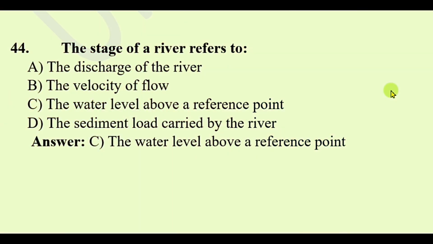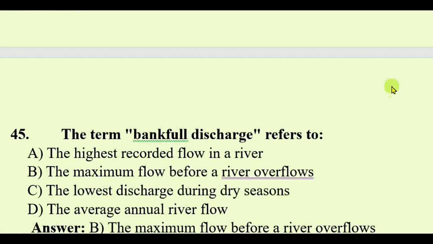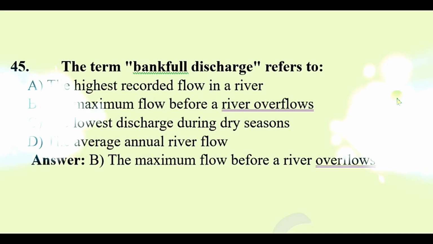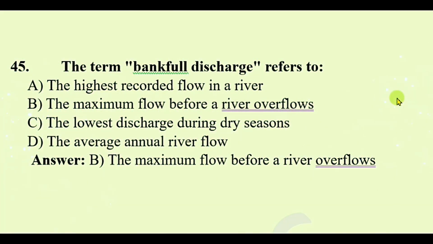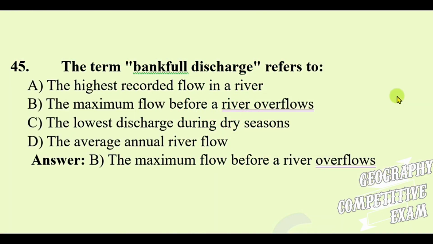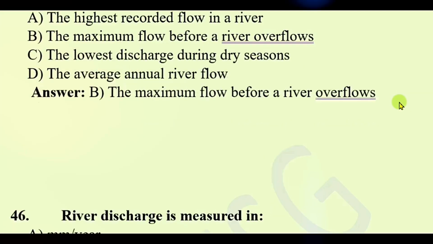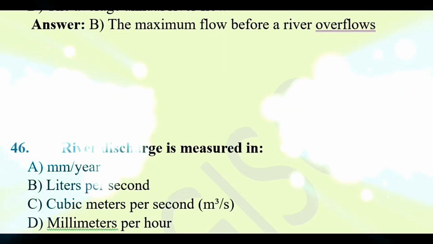Here the right answer will be the water level above a reference point. Question 45. The term bankfull discharge refers to the highest recorded flow in a river, the maximum flow before a river overflows, the lowest discharge during dry season, the average annual river flow. Here the right answer is the maximum flow before a river overflows.